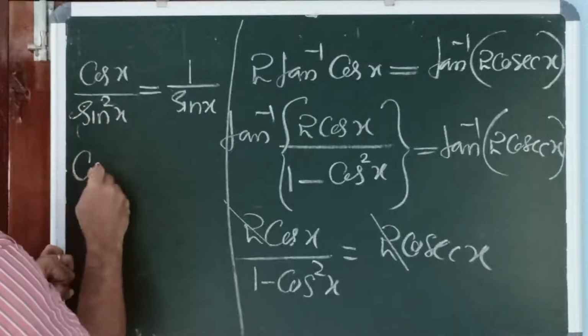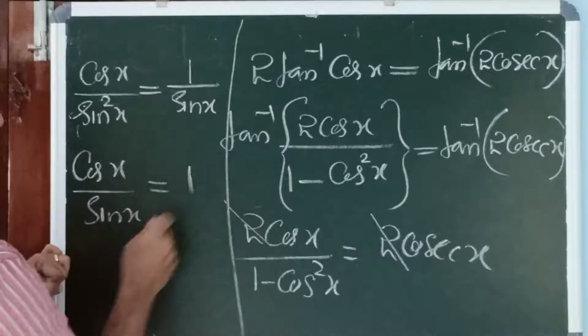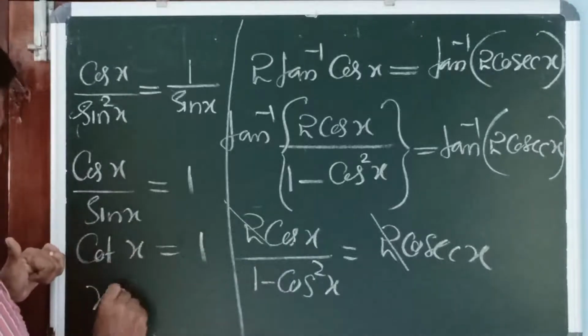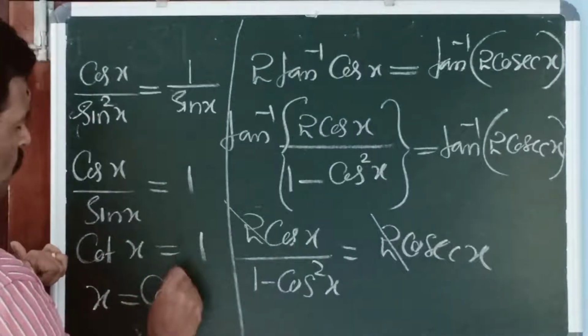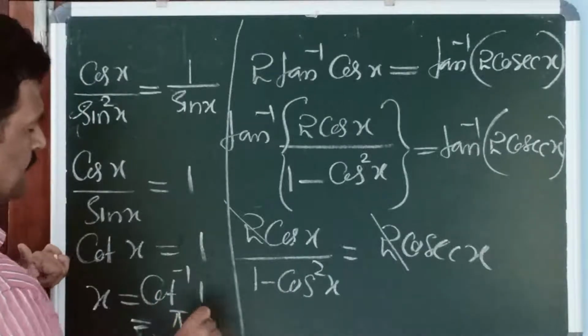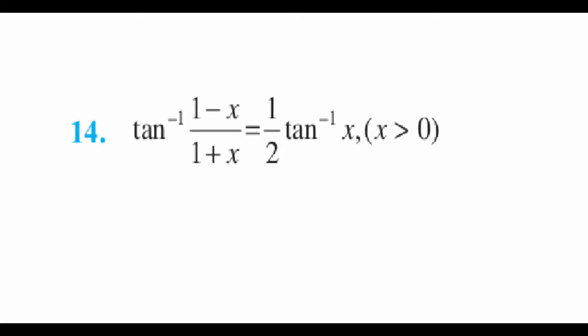It is cos x by sin x equal to 1. That is cot x equal to 1. Therefore, x equals cot inverse of 1, that is pi by 4. Therefore, the answer of this problem is the value of x is pi by 4.